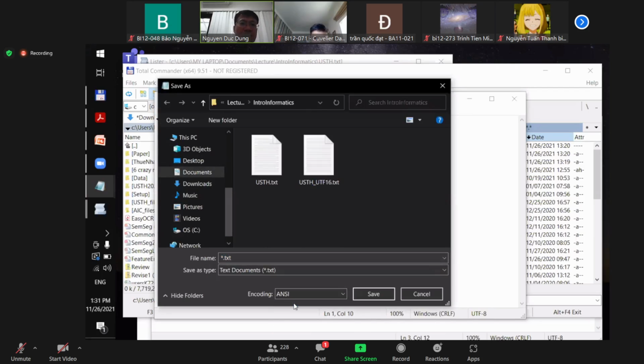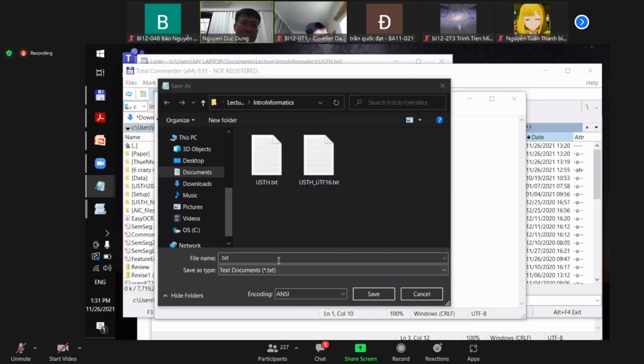I want my file to be as small as possible because it saves space or saves bandwidth when I transfer my documents to other people. Because it's smaller, I think that ANSI is preferable. Besides, it requires one byte for one character, so it saves my disk space and bandwidth when I transfer documents.